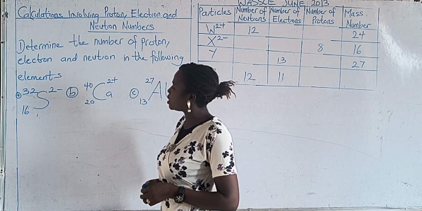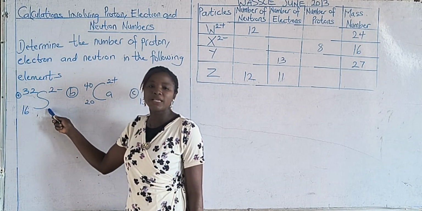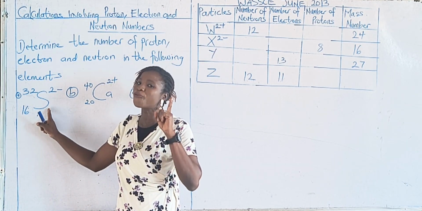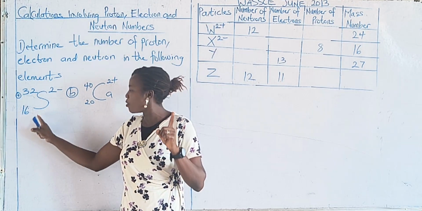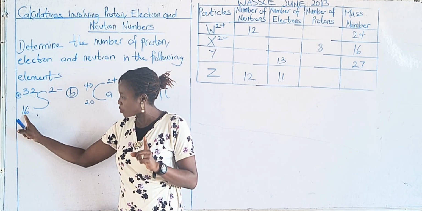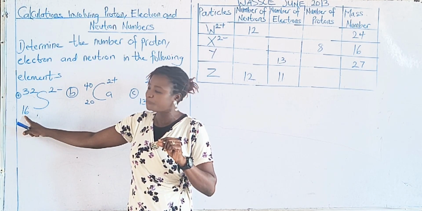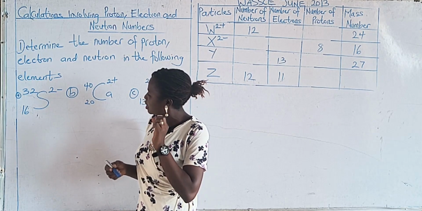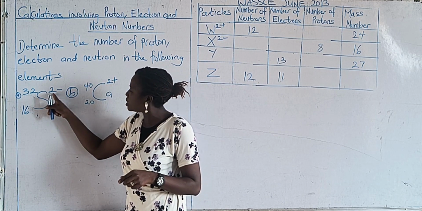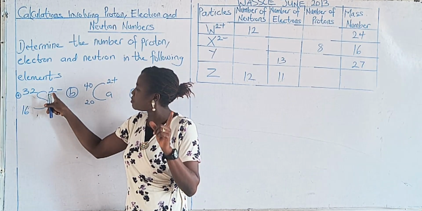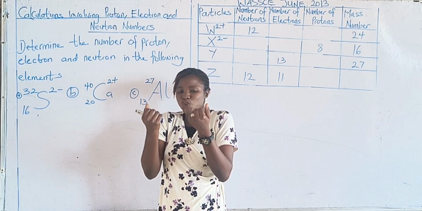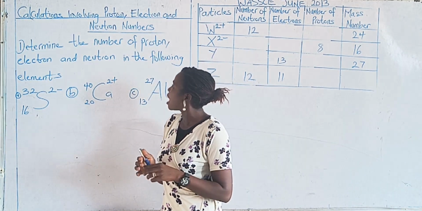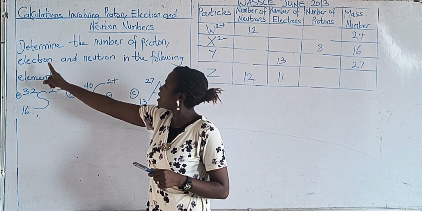The first one is A. This element S is sulfur, and it has the atomic number 16, written as a subscript, and the mass number 32. It also has a 2 minus charge, which means it receives 2 electrons to have a complete octet structure. We are asked to determine the proton number, the electron number, and the neutron number.